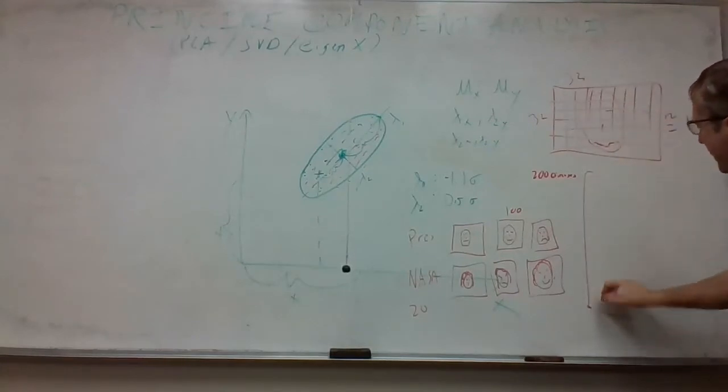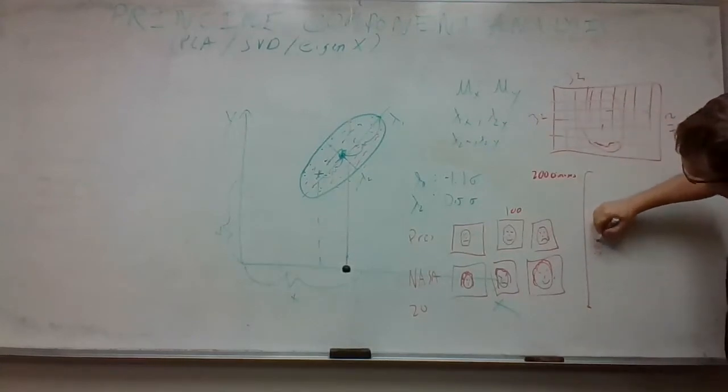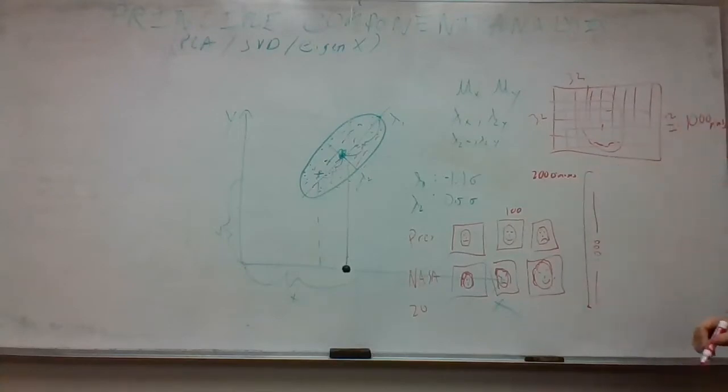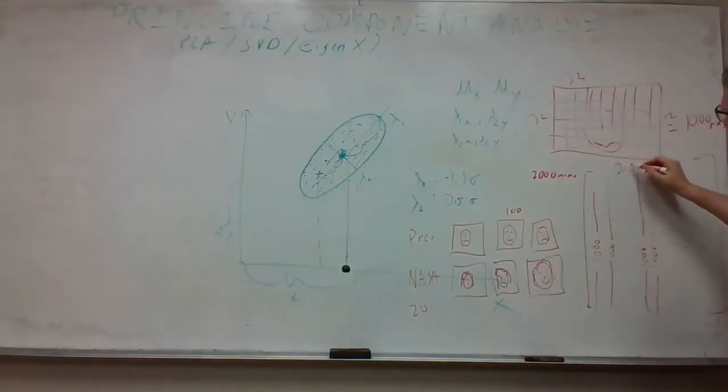And so I'm going to get this matrix of 1,000 pixels for the first image of President Johnson, 1,000 pixels for the second image of President Johnson, and then the 1,000 pixels for the first image of the NASA director, the second image of the NASA director, etc., going out to the 20th person. And so I have 1,000 pixels down, let's say 2,000 images here.